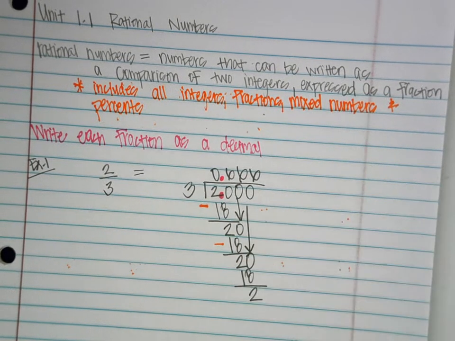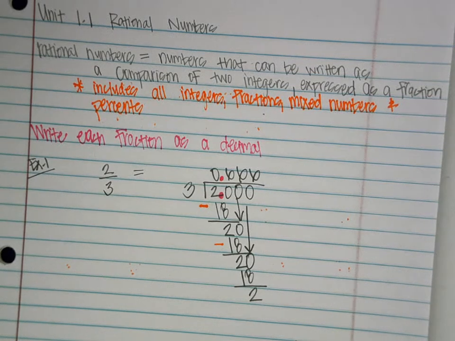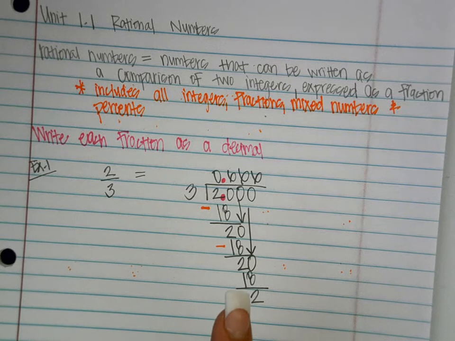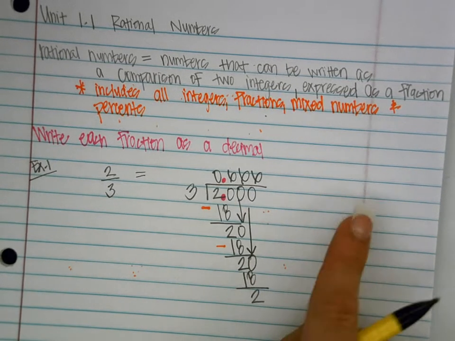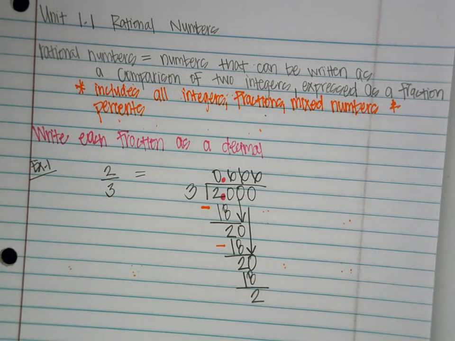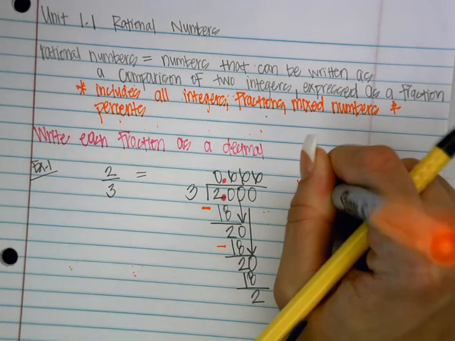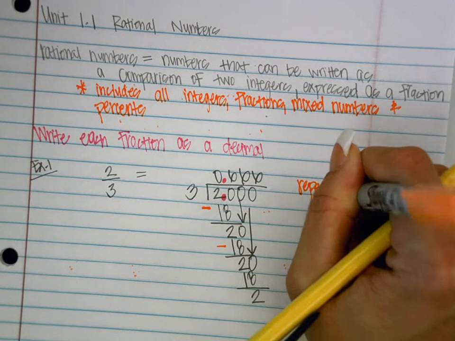It's repeating, okay? My rule is, you have to go to 3 decimal places before you can decide if you can stop. If you're getting the same number 3 times, you can stop. And this is what we call a repeating decimal.